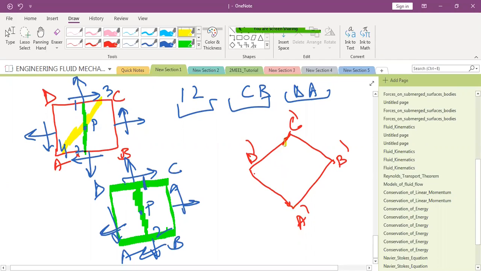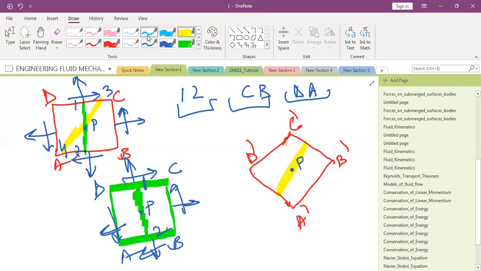So this plane, that is the point P, this is point P, and I have rotated, so this is the plane now. So this is your 3-4 plane. So doing this stuff or doing this stuff, they are equivalent.